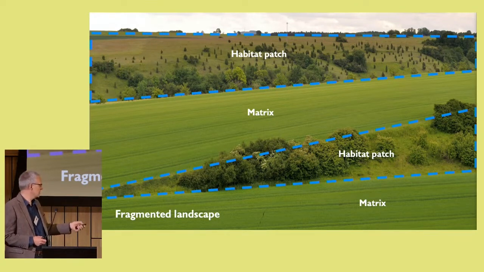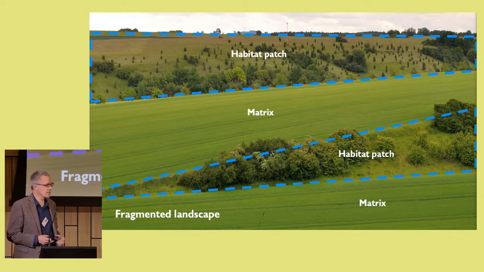In this patch we have an abandoned area, there's no longer any land use, and we have encroachment of shrubs. This patch is still grazed, and we have open habitat structures, while the early successional stages are missing here.